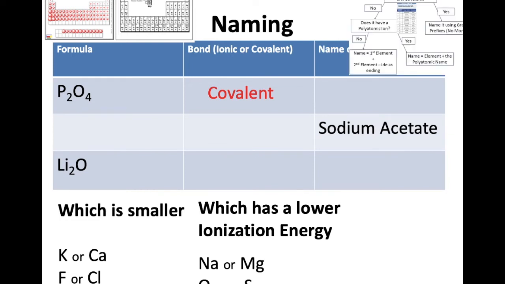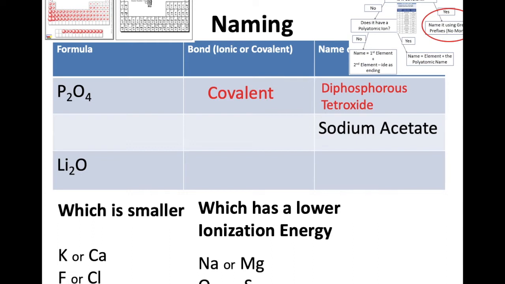Now, how do we figure out the name of this molecule? Well, it is covalent, so that means we're going to name it using its Greek prefixes. So, for 2, our Greek prefix is di, and for 4, our Greek prefix is tetra. So we get diphosphorus tetraoxide. Remember, we're adding "ide" onto the end to indicate that it is a compound.